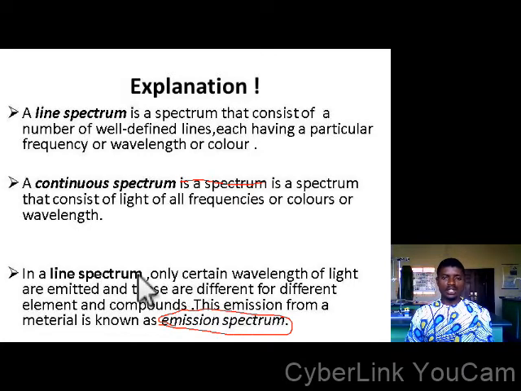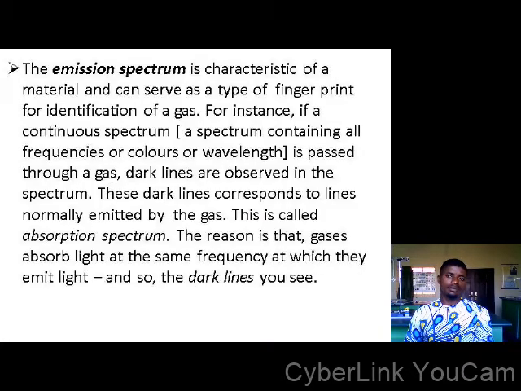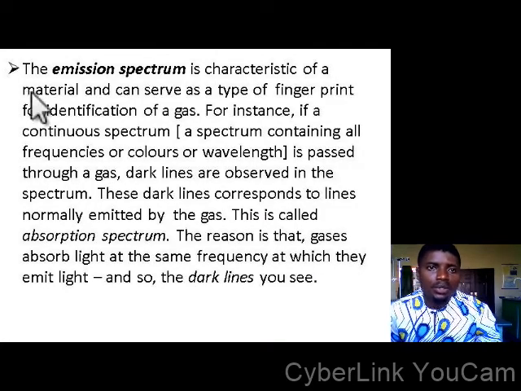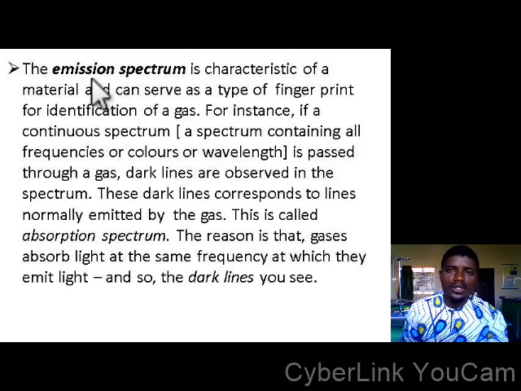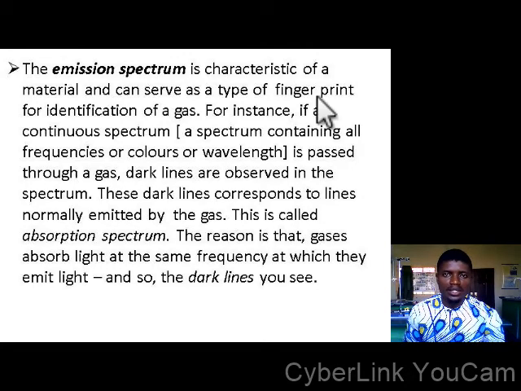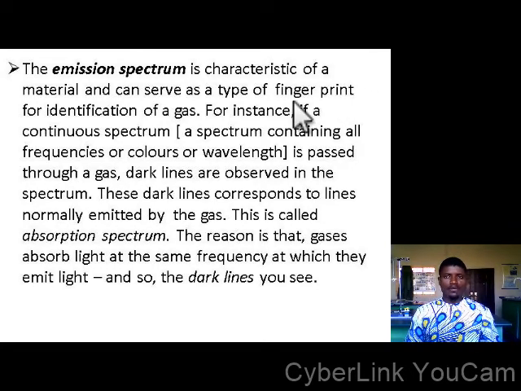This is where it springs from. And so the emission spectrum is a characteristic of a material, and it serves as a type of fingerprint, the real identity of the material, or identification of the gas.